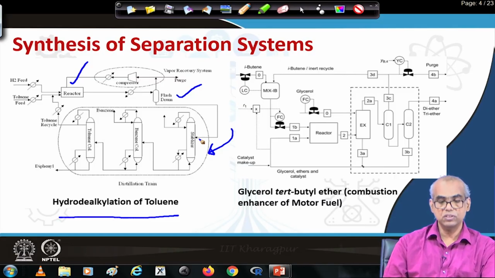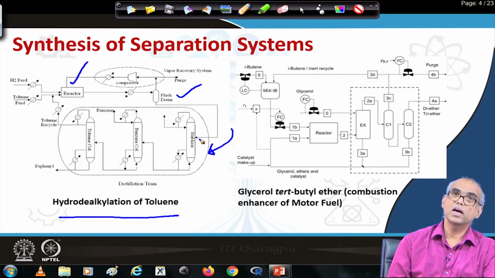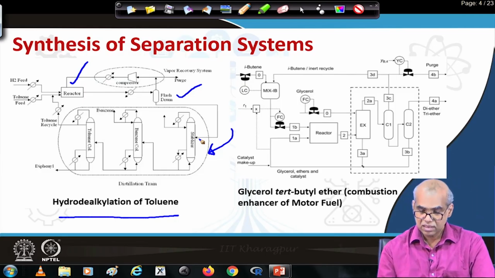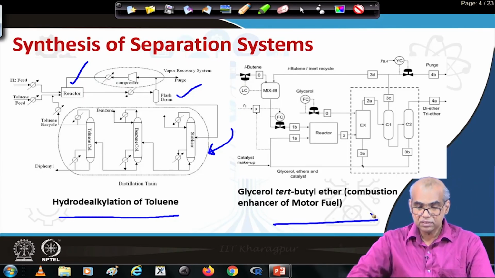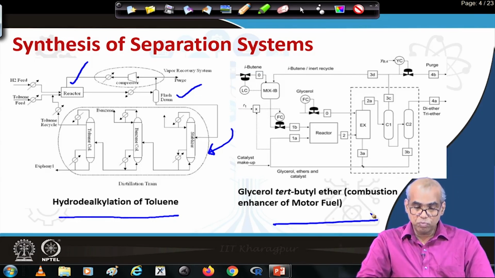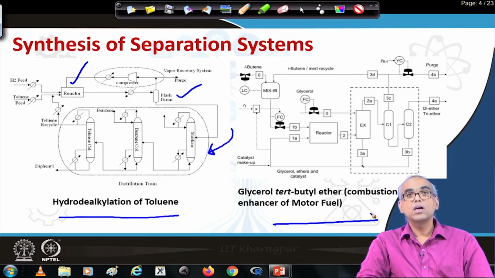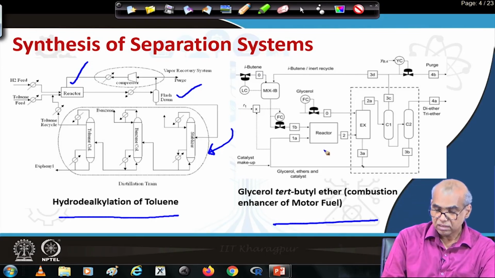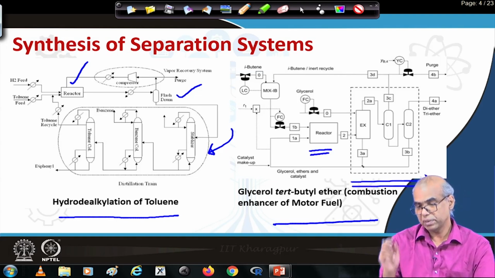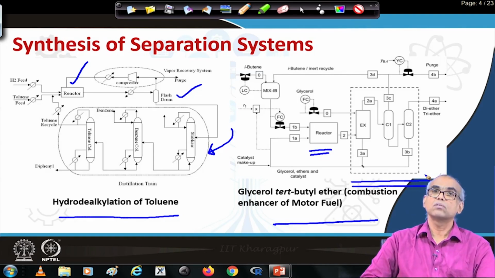So, a train of separation system follows a reactor here. Again, this is another flow sheet for production of glycerol tertiary butyl ether, which is used as a combustion enhancer or motor fuel. Again, you will see that after the reactor a separation train follows.